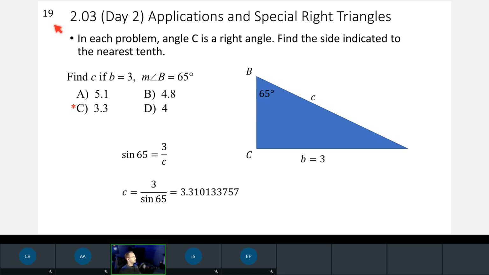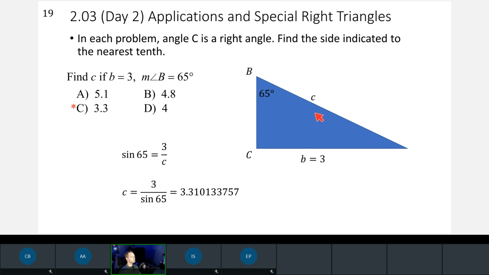All right, 19. Let's see. In each problem, angle C is a right angle. That's nice. Find the side indicated to the nearest 10th. All right, 10th. So that's 1 decimal place. Angle C is the right angle.